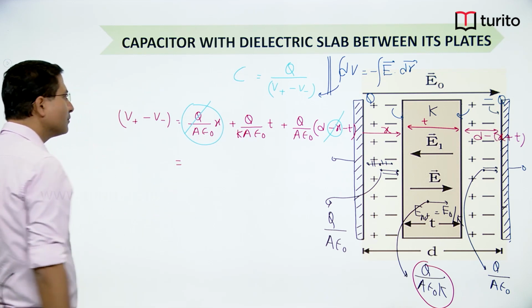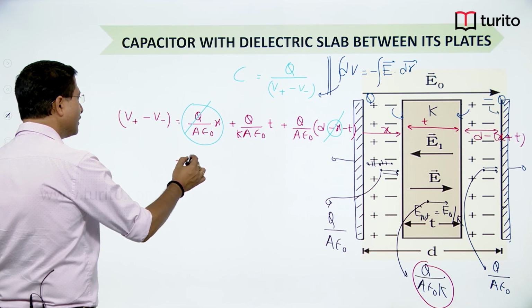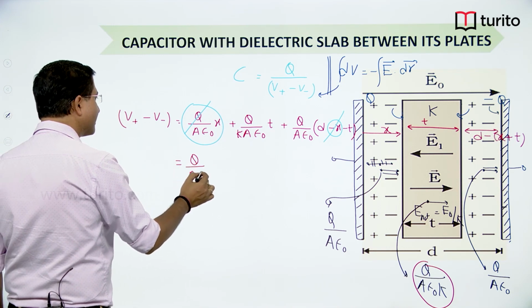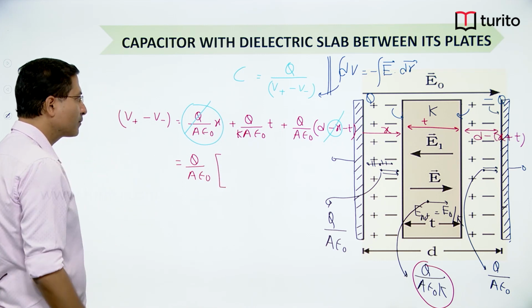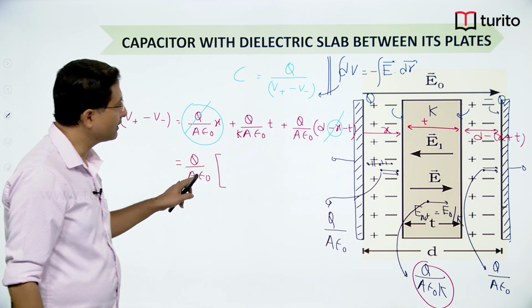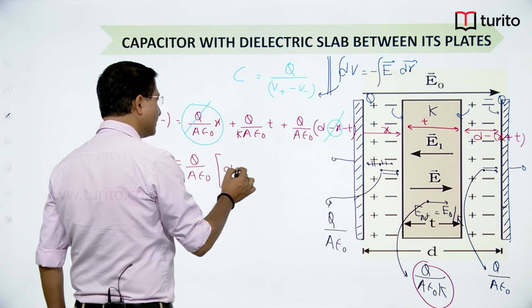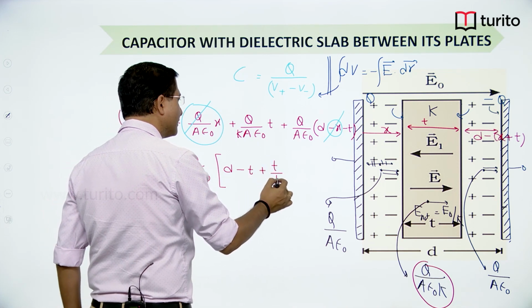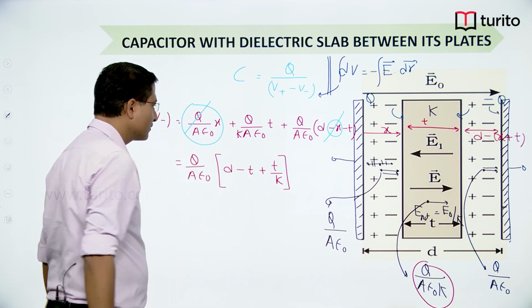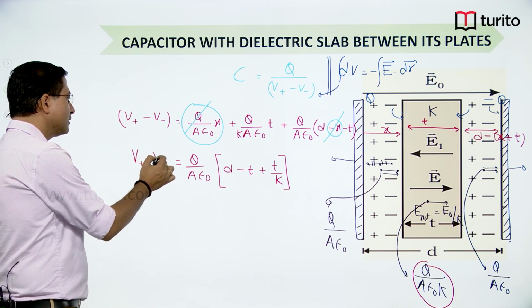If I further simplify, I get Q upon A epsilon naught, which I take out, in bracket d minus t on this side, and then this term, t by K. Okay. This is the potential difference we have.